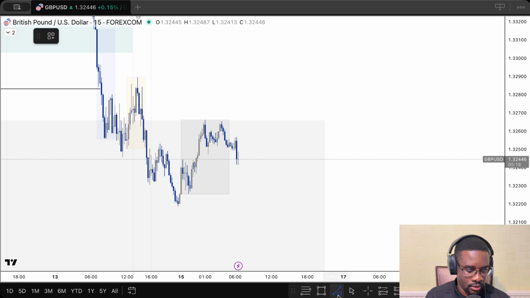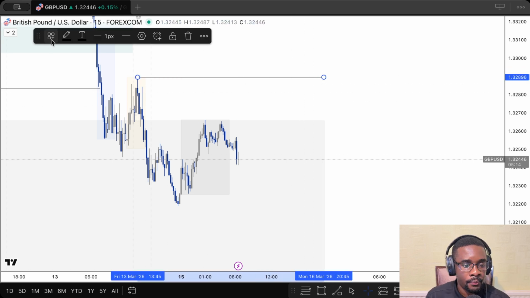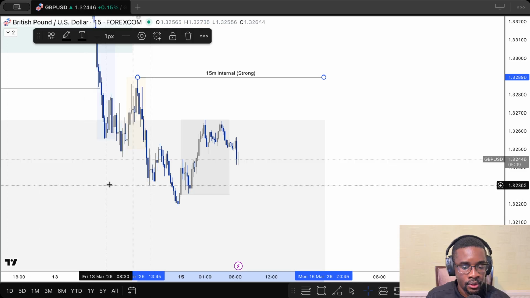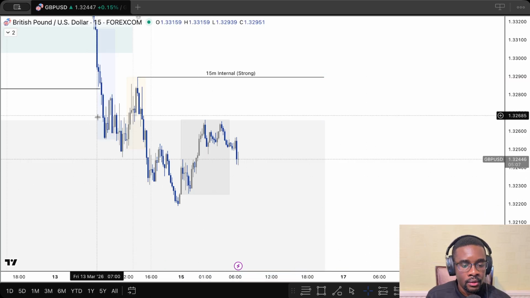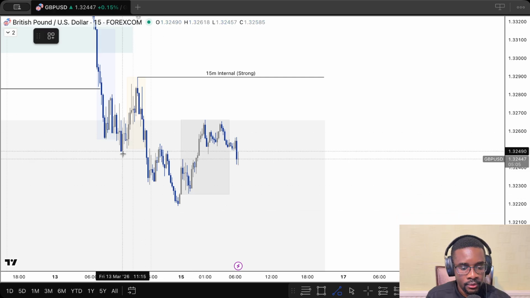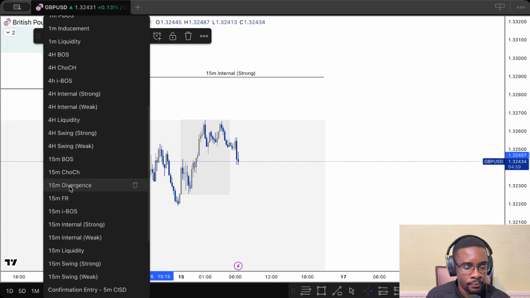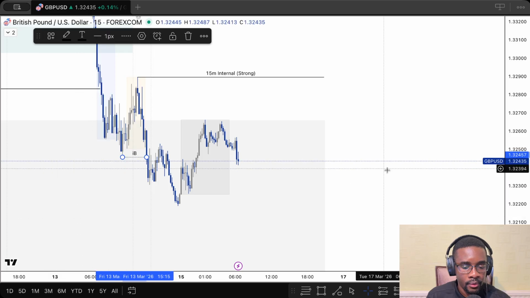My current internal range would be this one. Boom. 15M internal strong. Okay, and then we've had internal breaks like that, 15M.